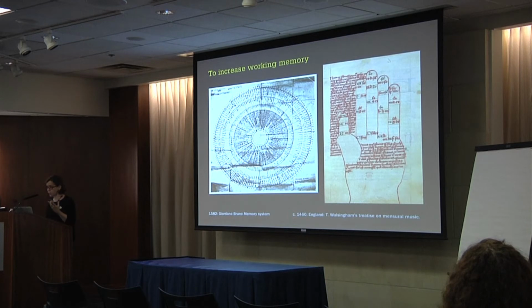There is a long history of mnemonic art, and most of it uses space to encode information, so that we can use our understanding of real space to place memories in corners, palaces, or hands, or whatever it is. That's one of the reasons why we can use visual communication, because it's encoded spatially.